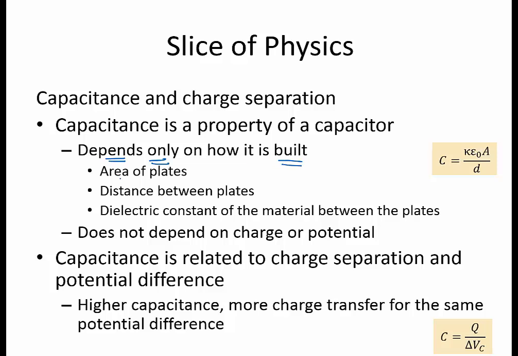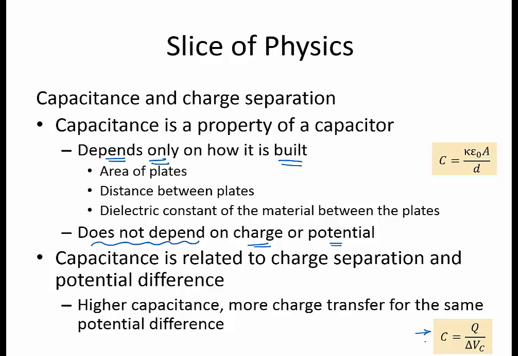So it depends on the area of the plates, the distance between the plates, and the dielectric constant of the material between the plates. And importantly, it does not depend on the charge separation between the plates or the potential difference between the plates. Even though we have a second relationship here for capacitance that tells you how those factors are related, that does not suggest a dependence.